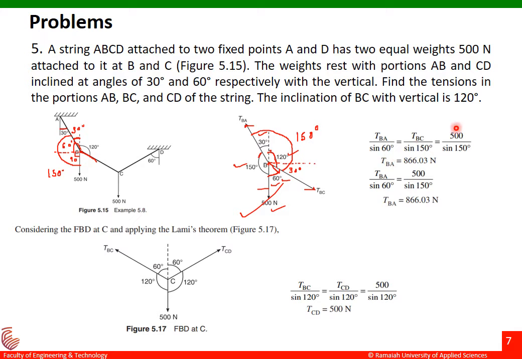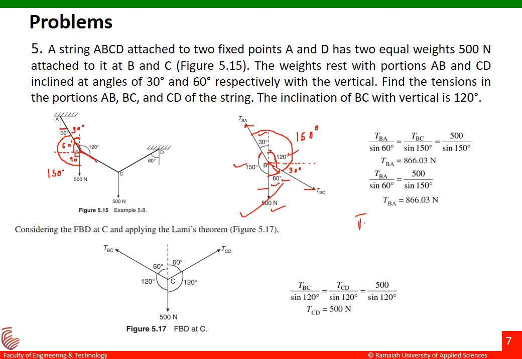TBA is given by the expression that is 500 divided by sine 150 into sine 60 degrees. You are going to get the answer as 866.03 there. This is my answer for TBA, but TBC is not given here. Let us find out the answer for TBC.